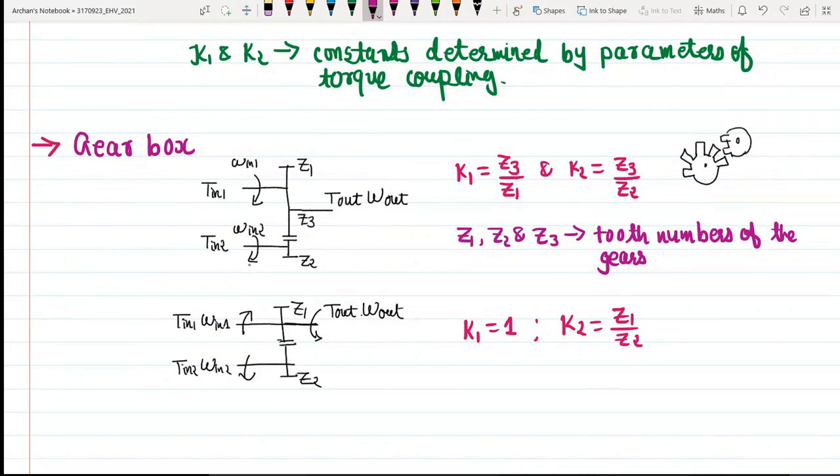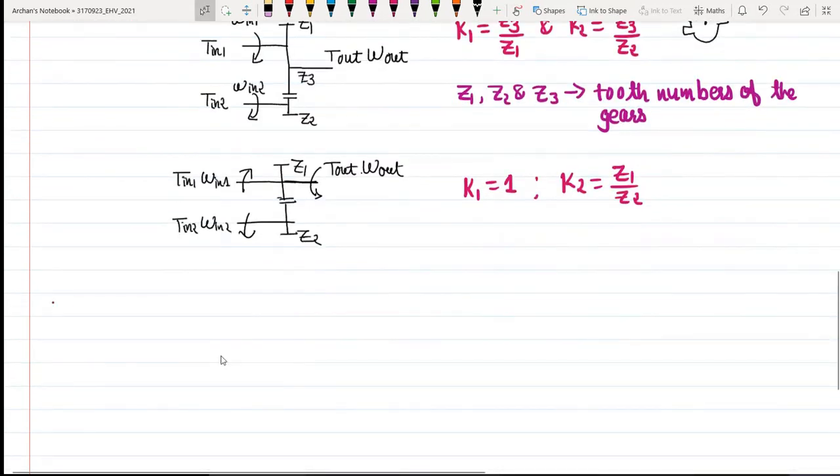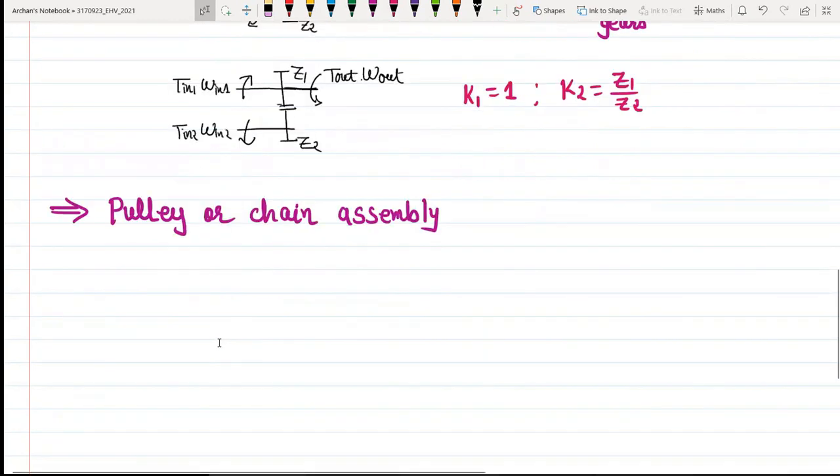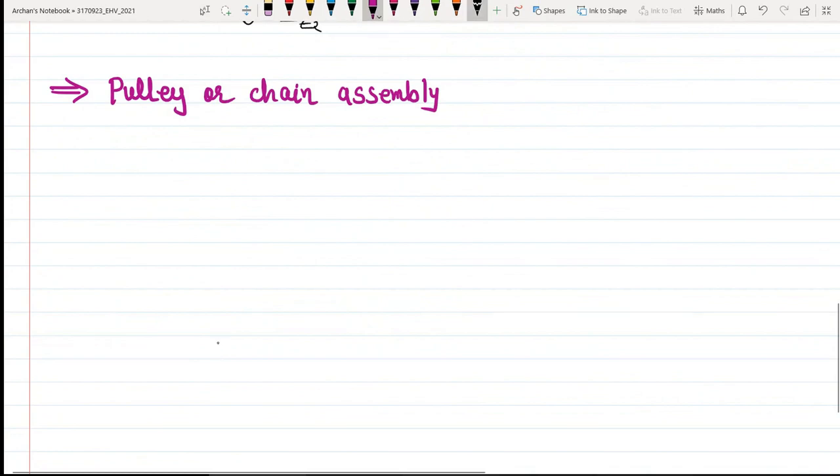Now let us try to discuss the second case where we are going to use the pulley, or you can say chain assembly, right? Now this is quite easy. You have seen a number of configurations of pulleys in control systems. Also, we have seen this kind of mechanical systems whose transfer function was derived by us. Right.